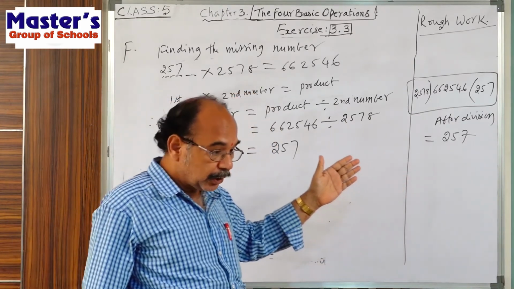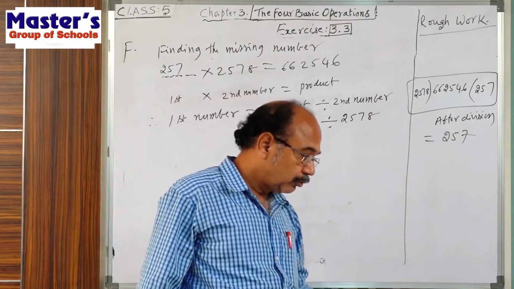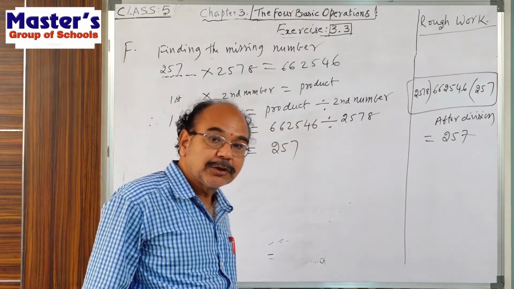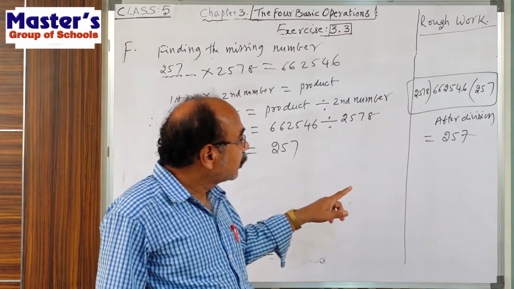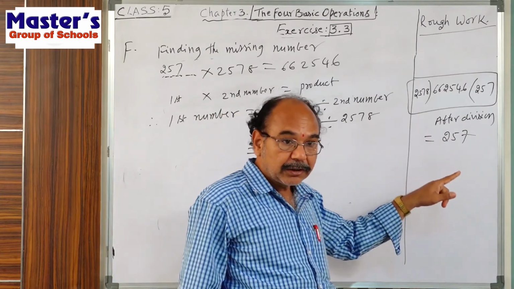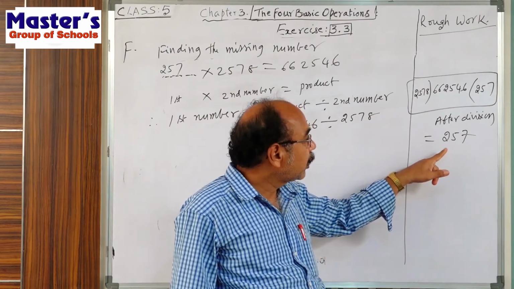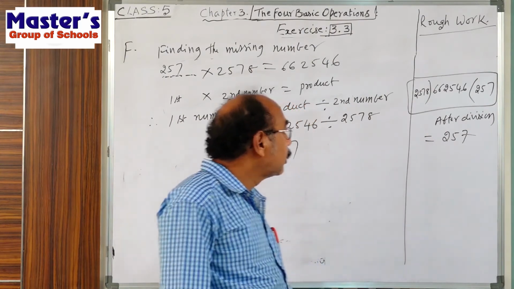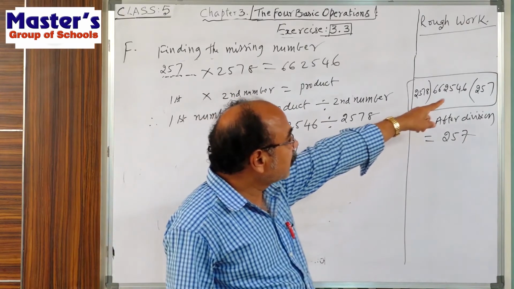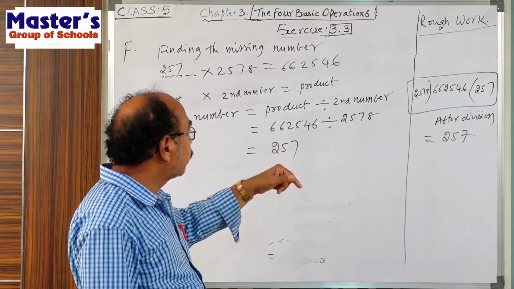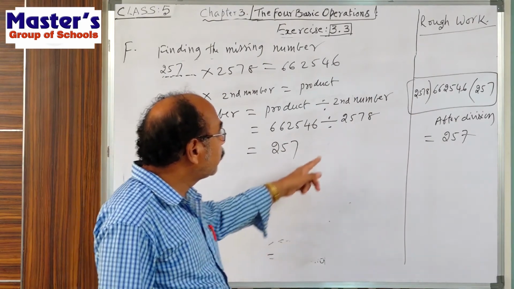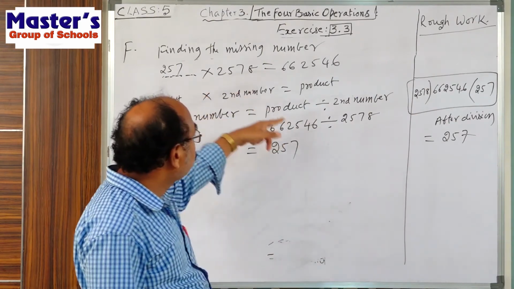I already explained how to divide. Practice many detailed sums. That's why here I directly told you the division answer. After division, 257. This number is divided by the second number.